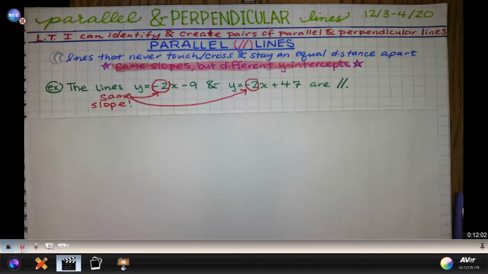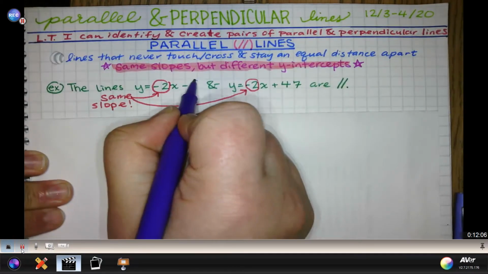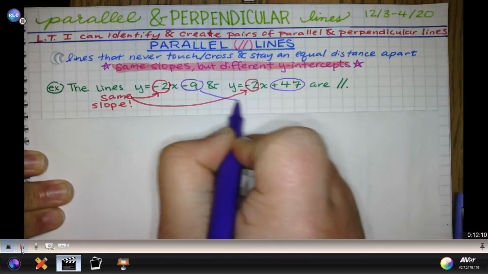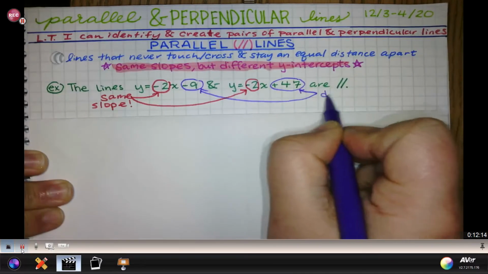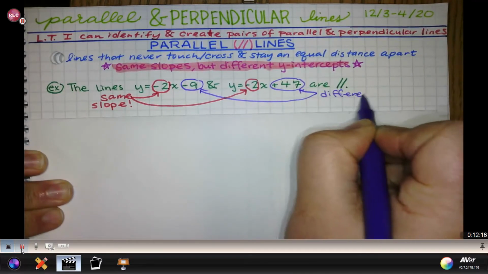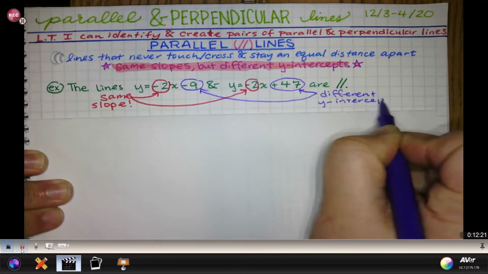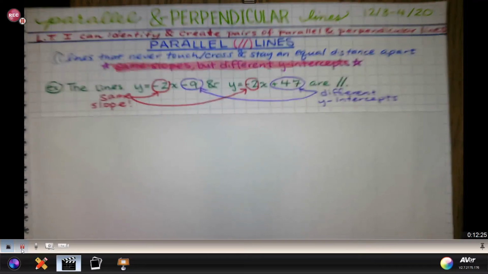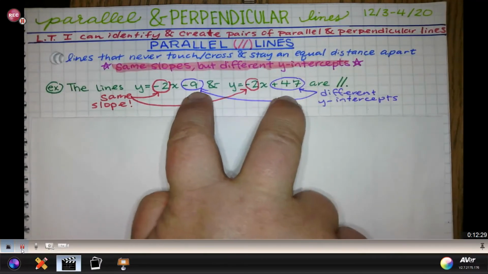But we look here at the y-intercepts, which are the b part, so it's minus 9 and positive 47. We have different y-intercepts. Okay, so there you go. That's what you want to look for, and then make sure that those are different.